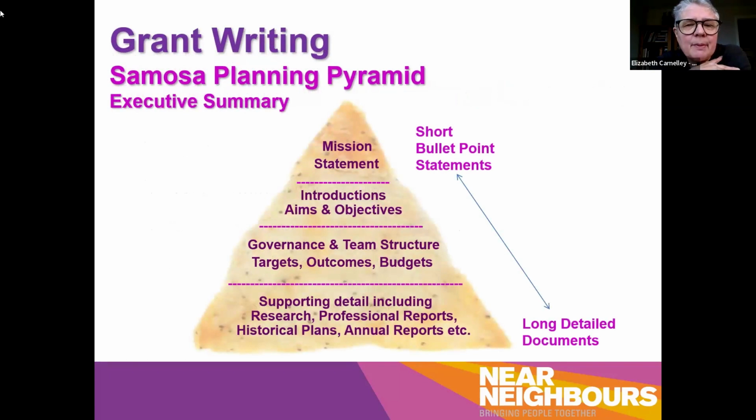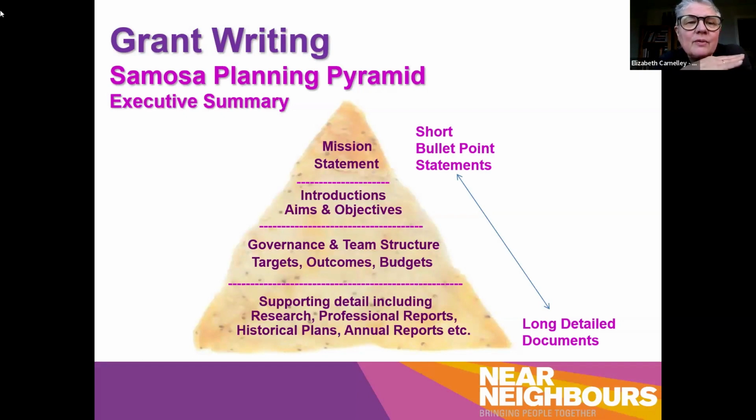You need to be prepared to give different kinds of explanations of your project. You need to be able to give a very, very short aim and explanation of what you do. So have you got a mission statement for your organization? Like, we want to transform the mental health of young people in Blackburn, or something like that.